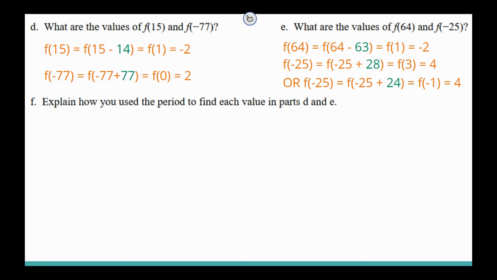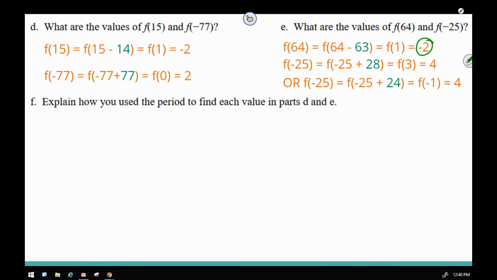So there's not just one right answer here. There's not just one right way to get to the answer, I should say. F of 64 should be -2. Okay, so I did a multiple of 7 that was close to 64. So I did 7 times 9, which is 63. 64 minus 63 is 1.